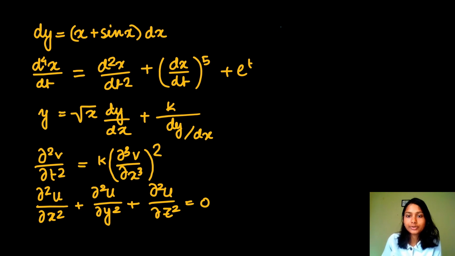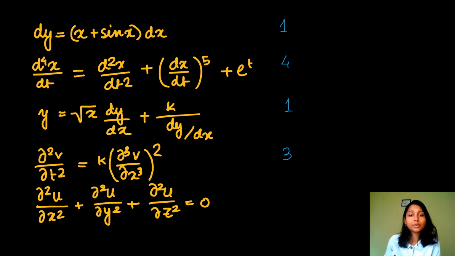Here, the highest order derivative present is 4, obviously. Others are 2 and 1, so it should be 4. For this, the highest order derivative is again 1, as dy dx is the only derivative present. This one has highest order derivative 3.